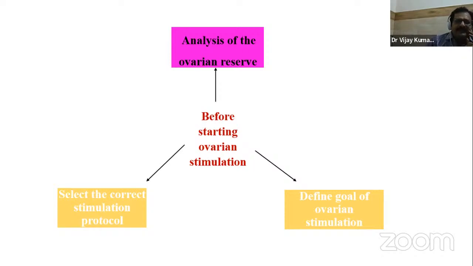In the cases where there is a good ovarian reserve, the ovulation induction can be done with simple agents like clomiphene citrate or letrozole. In cases where there is a poor ovarian reserve, you have to utilize the gonadotropins, although they are costly, but utilization of gonadotropins for such women will lead to an appropriate number of follicles and of adequate quality.